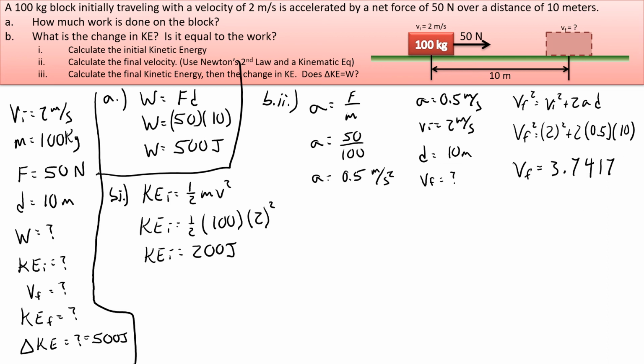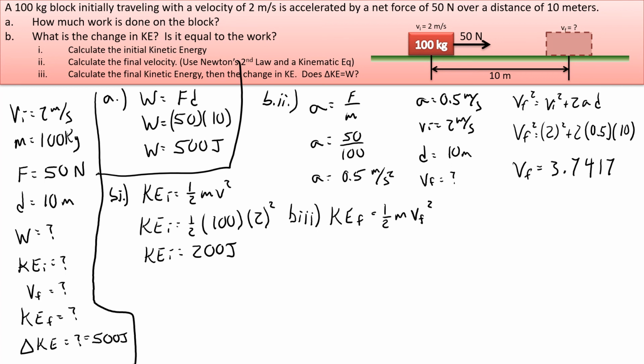So for part B.III, okay, it says calculate the final kinetic energy and then the change in the kinetic energy. All right, so we're going to do the kinetic energy formula.